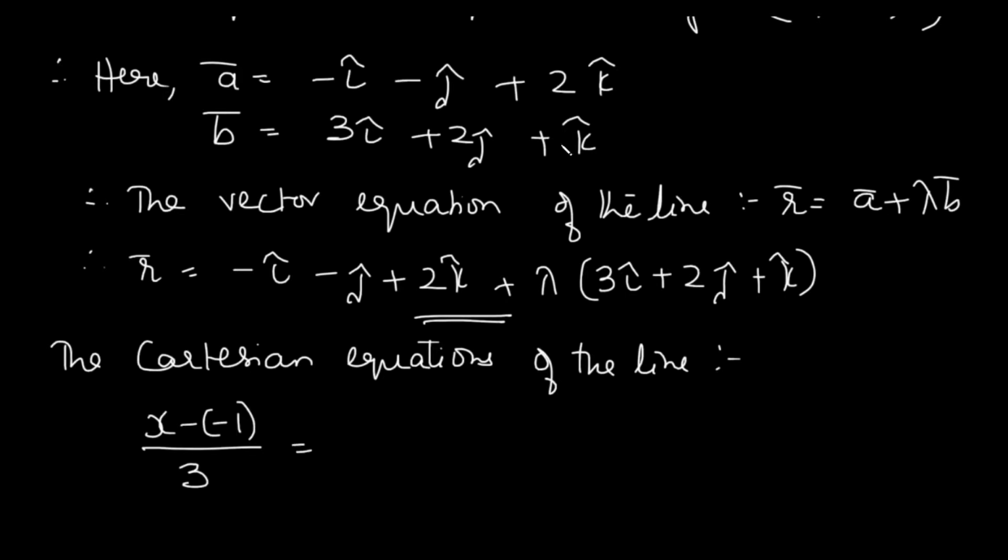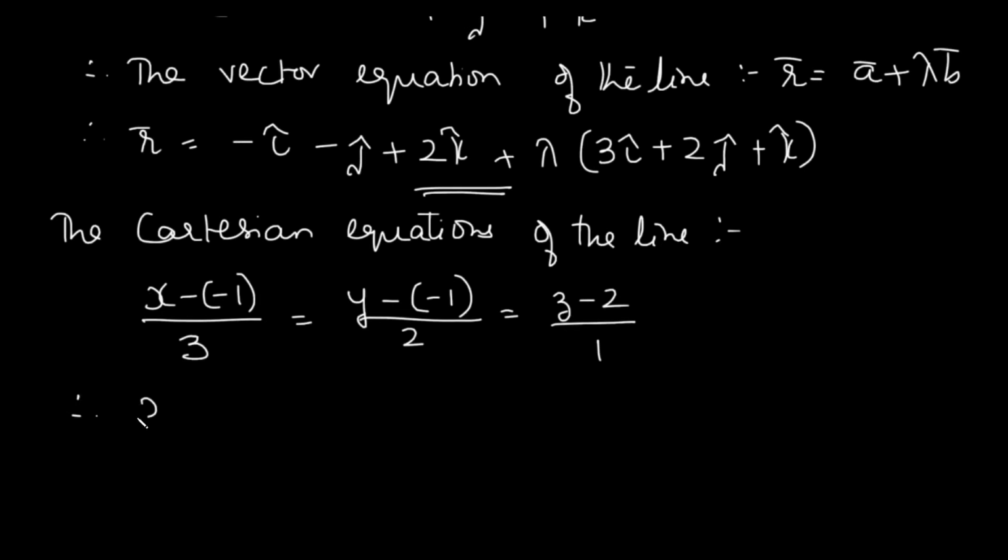Similarly, y minus -1 upon the direction ratio 2. Similarly, z minus 2 upon 1. Now this can be modified and we can write it as x plus 1 upon 3 is equal to y plus 1 upon 2 is equal to z minus 2 upon 1. Thus we find the Cartesian and the vector equations of the line as asked in the question.